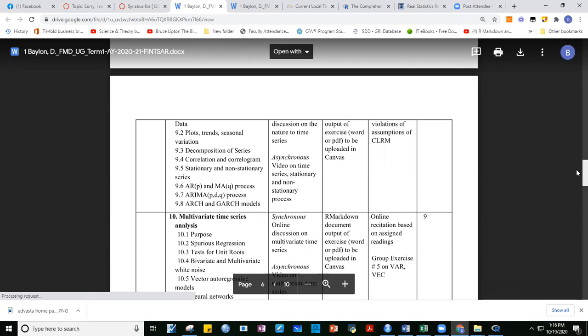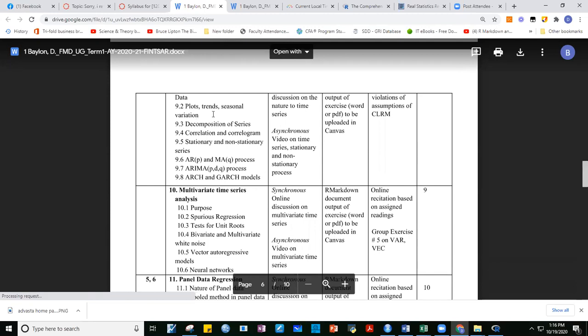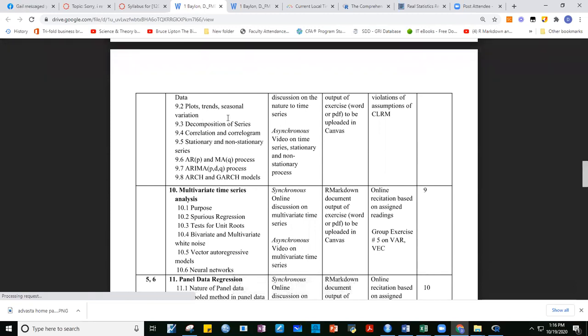So for example, we will take a look maybe at stock prices, the returns of stock prices, some econometric data like GNP, GDP, etc. We're going to look at those and then create a model out of them. We're going to look at these subtopics. We're going to learn how to plot your time series, look at seasonal and trend variations, and then learn how to decompose the series into trend and seasonality.